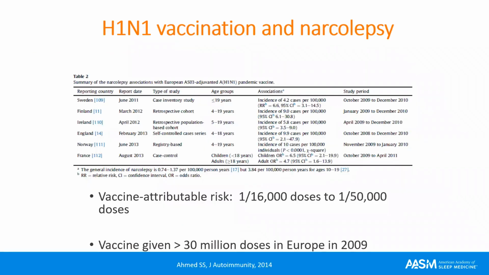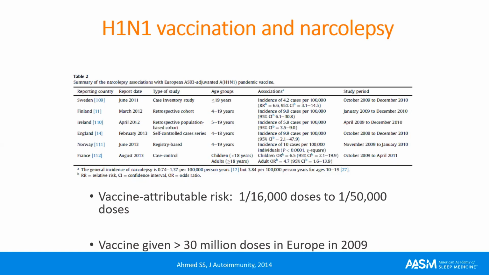A number of countries used Pandemrix and found an increased risk for narcolepsy after H1N1 vaccination. These numbers are hard to estimate because once the first report came out, there is potentially some ascertainment bias and some recall bias and other things. But at least in kids who received Pandemrix in Europe, this looks like a pretty strong signal.